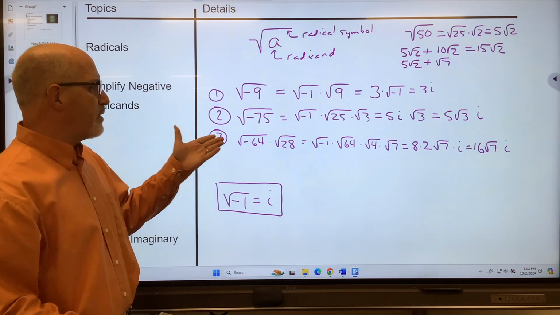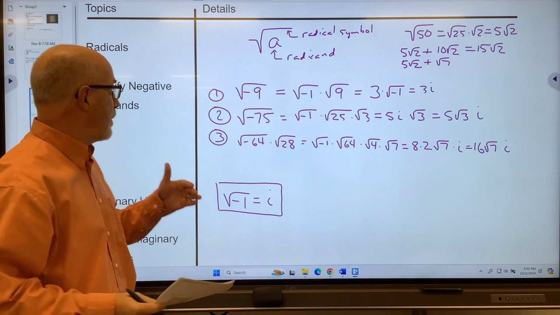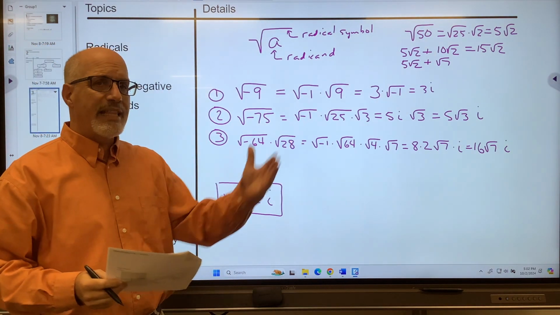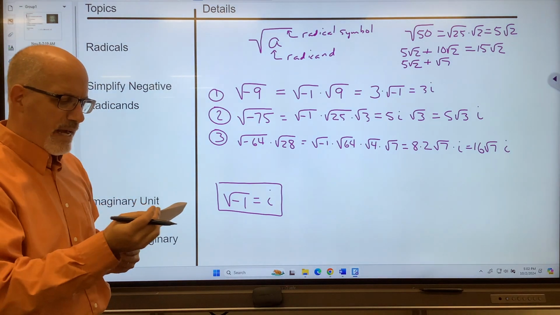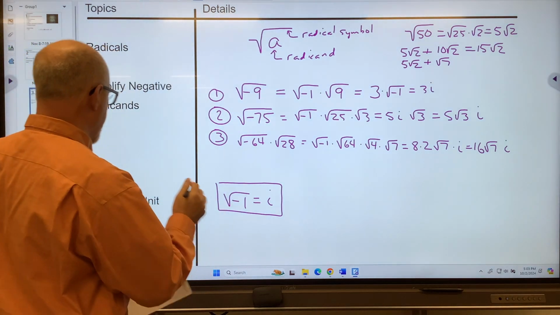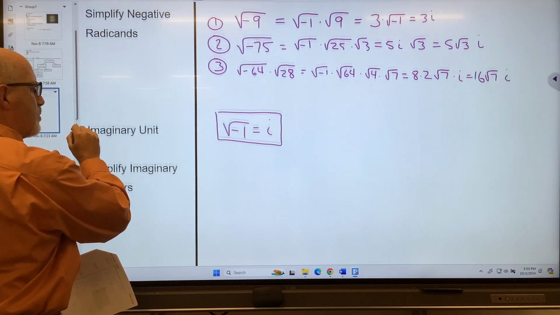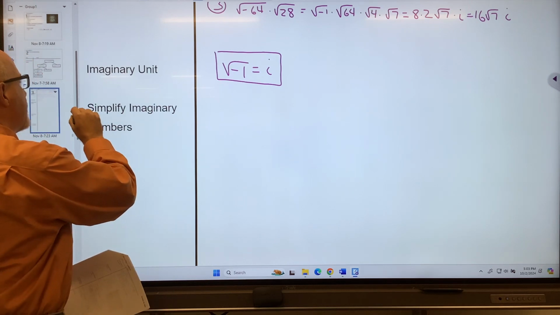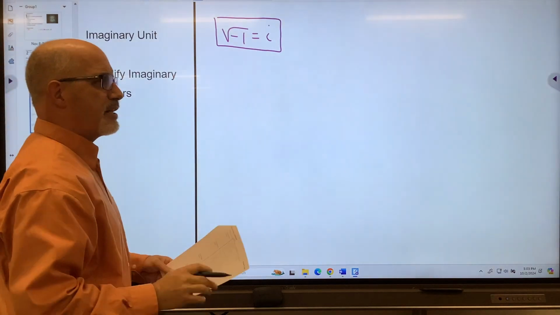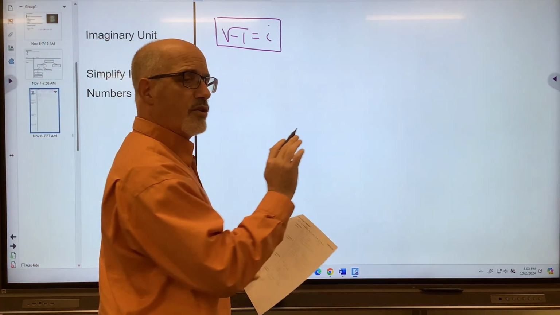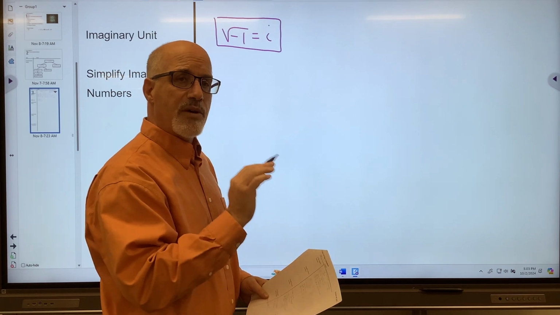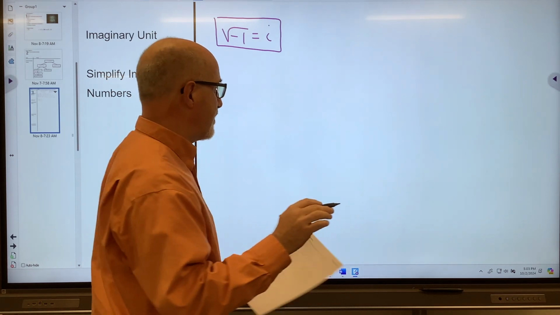So simplifying with negative radicands, you can take that i out and then simplify the radicals after that. All right, so this imaginary unit, we're going to work with it now in simplifying imaginary numbers. So it's critical to recognize that this allows us to do the square root of negatives.